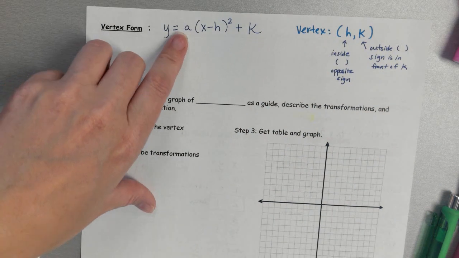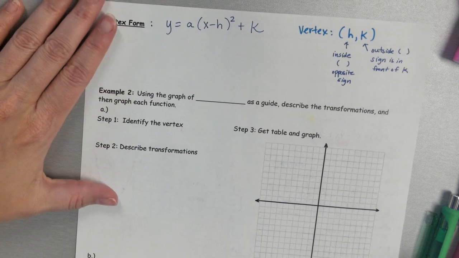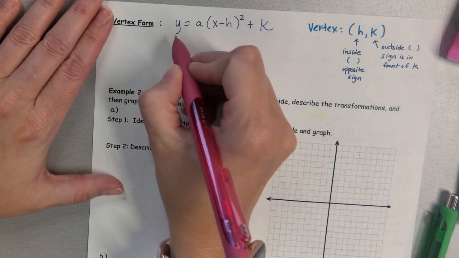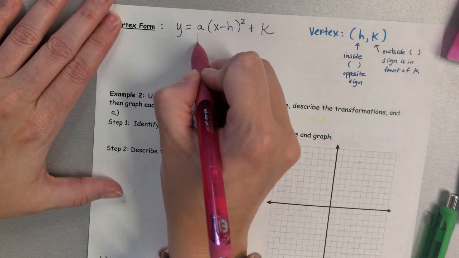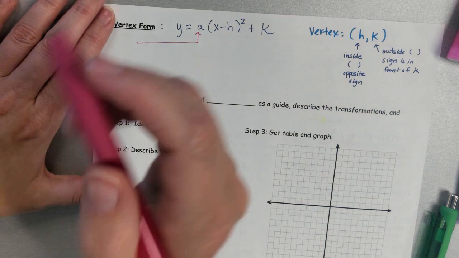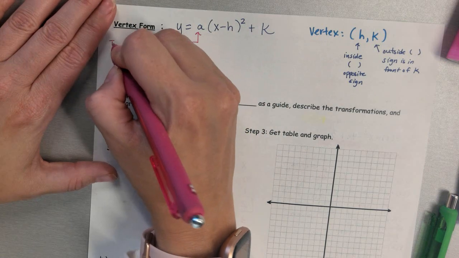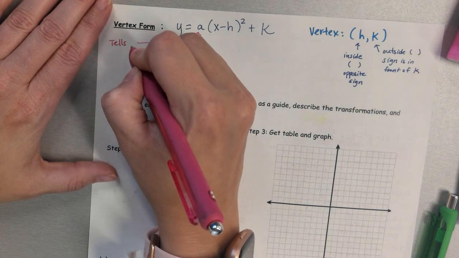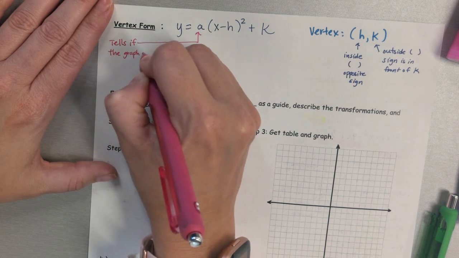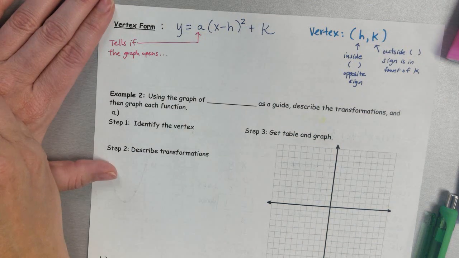You can also pick out transformations from this right away. This tells you some special things about the graph. The first one is the a value. I'm going to write that over here. That value in front tells if the graph opens up.